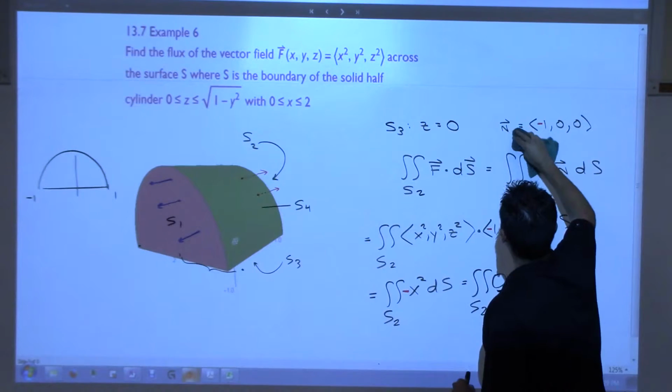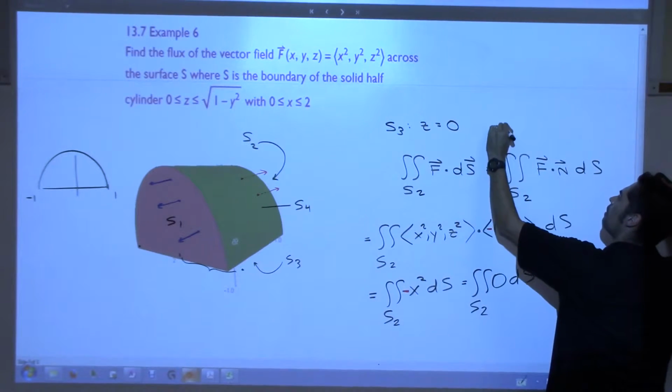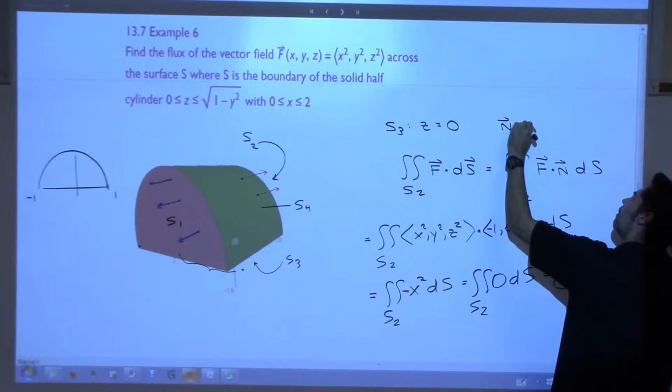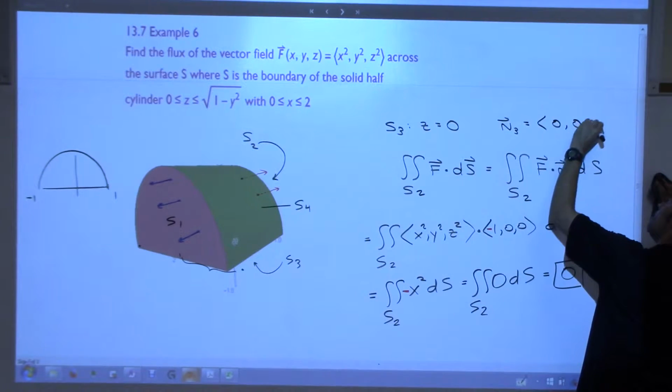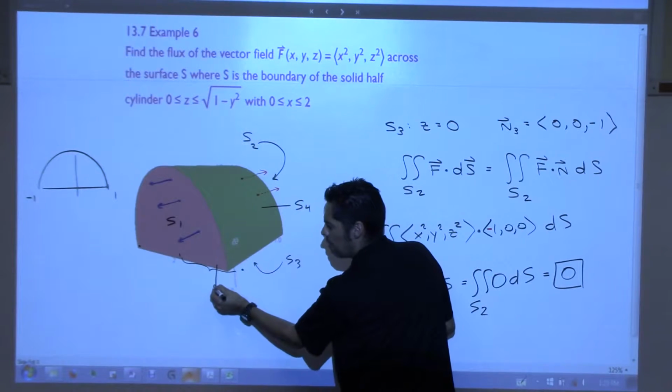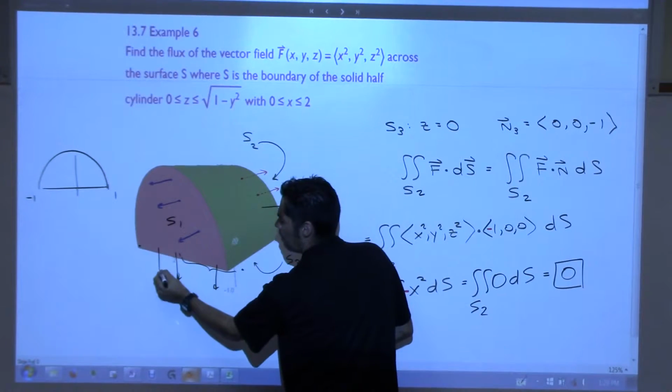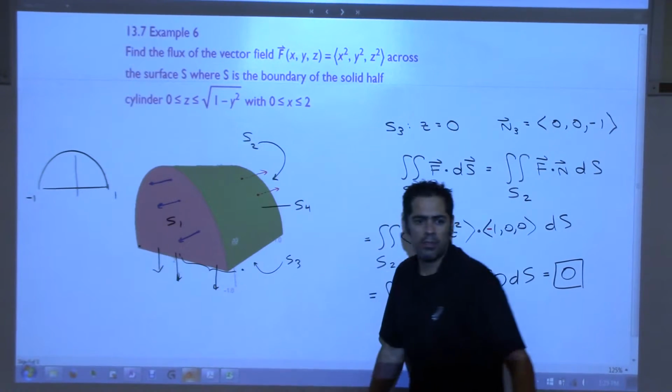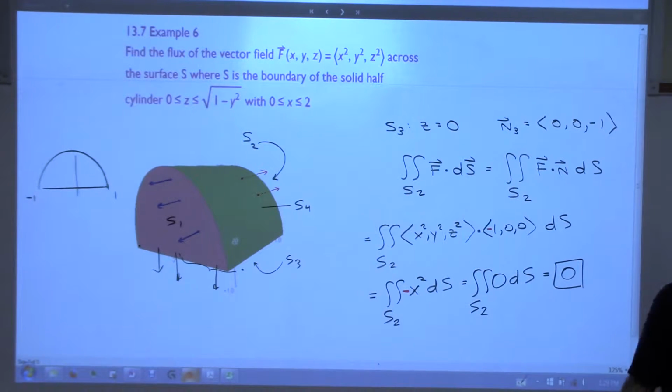How about a normal vector for that surface? 0, 0, negative 1, because your normal vectors will be pointing straight downward, off the bottom of that surface. So that would be negative k, k hat. Agreed?